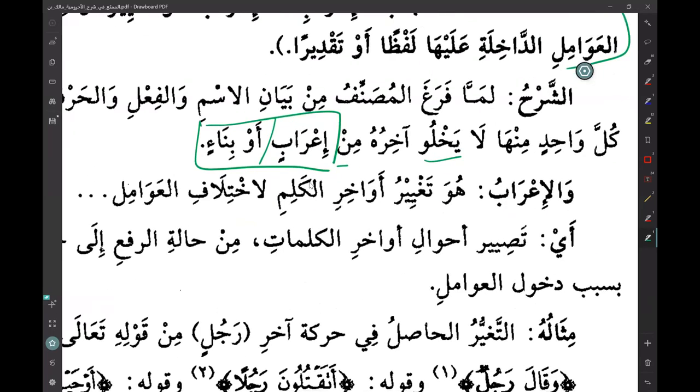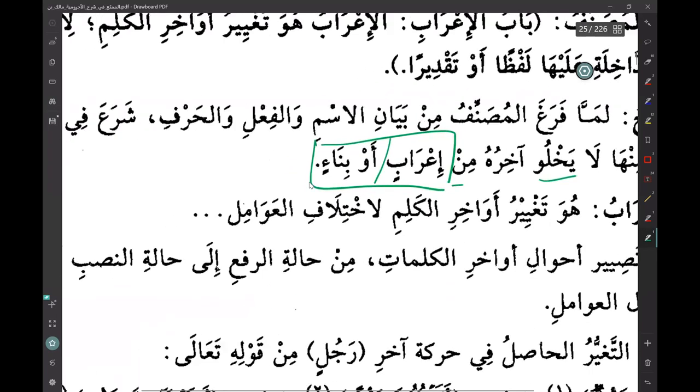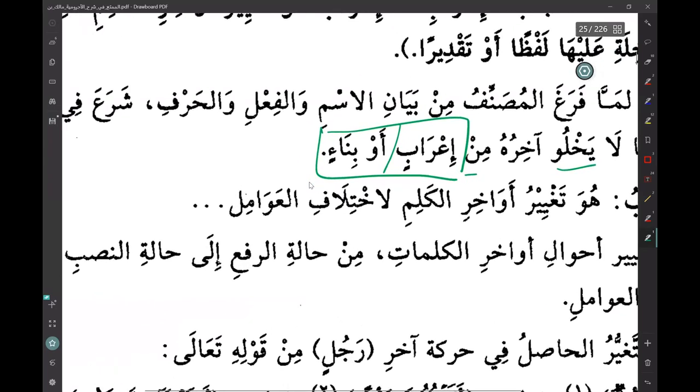Okay, so you understand so far what's going on. So we have all these three parts of speech, and all of them must be either mu'rab or mabni. So, let me explain in a simple way right now, and then maybe we'll read the book and he will explain a little bit more in detail.